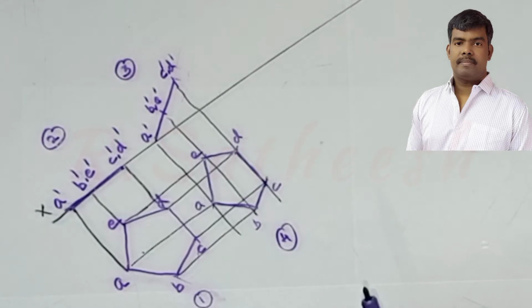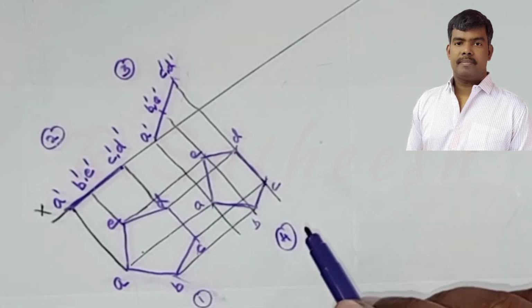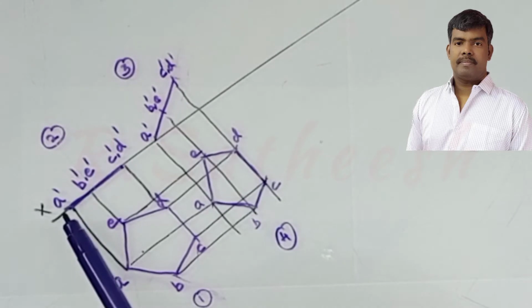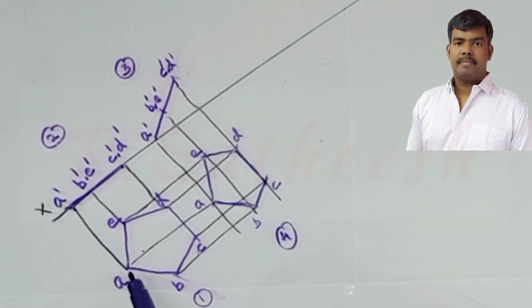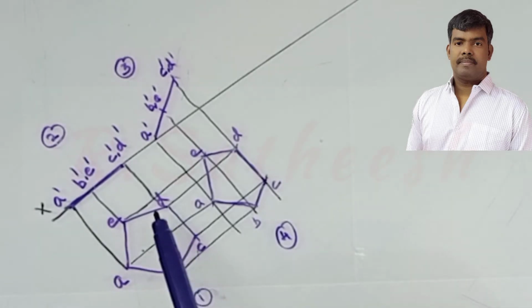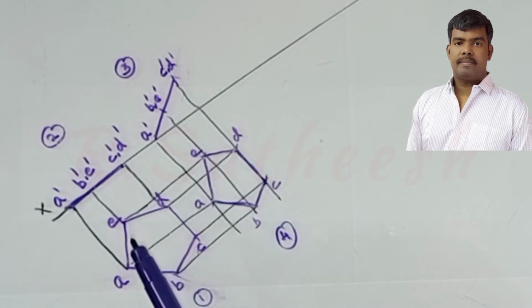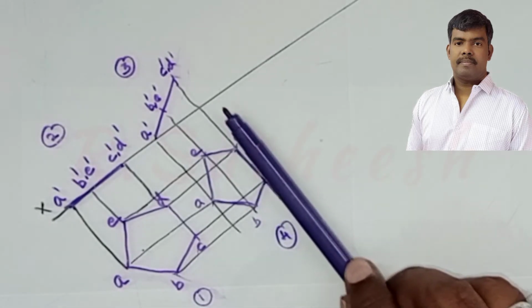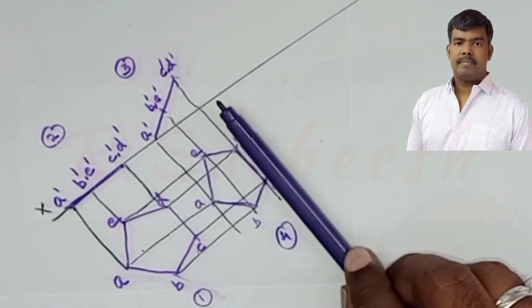Then we go for another inclination: the side opposite to the corner on which it rests. Which corner is resting? Corner A is resting, so the side opposite to corner A is CD. After being inclined to HP, CD is now perpendicular to VP.